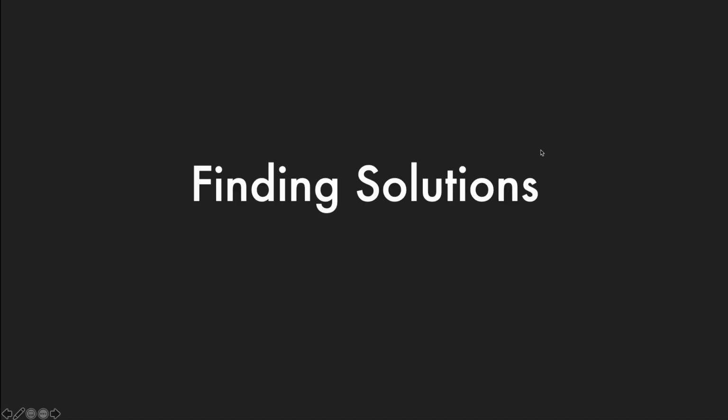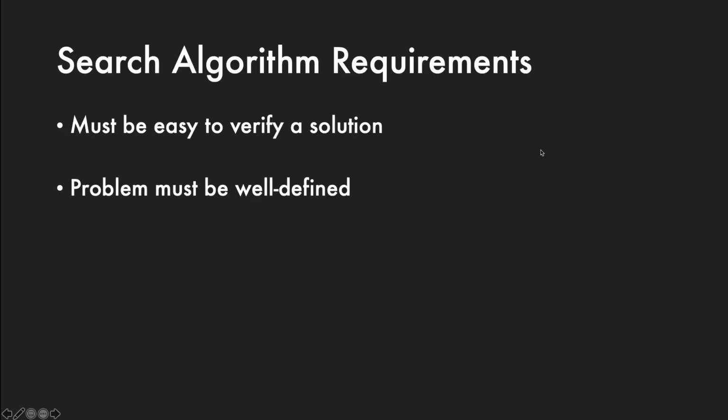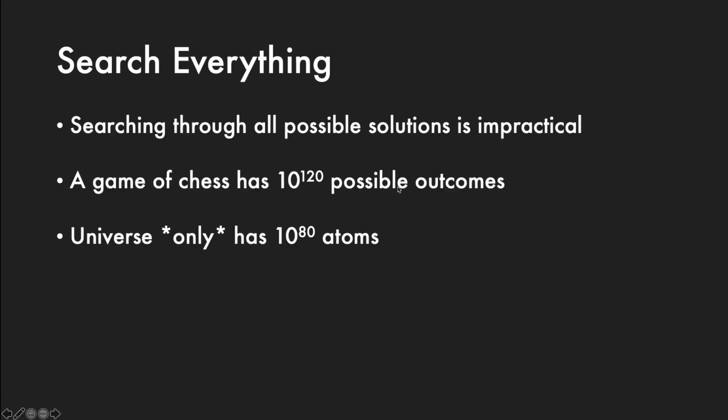So how does an AI find solutions? So requirement, we need it to be easy to verify a solution. The problem needs to be well defined. So one basic strategy would be just search everything, look at all possible solutions, but that's impractical.